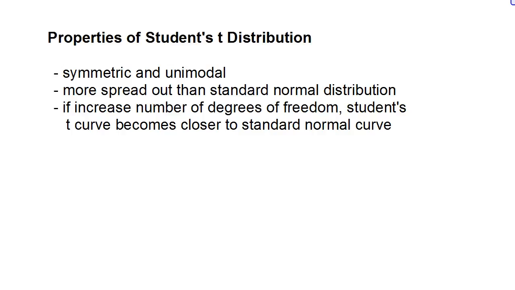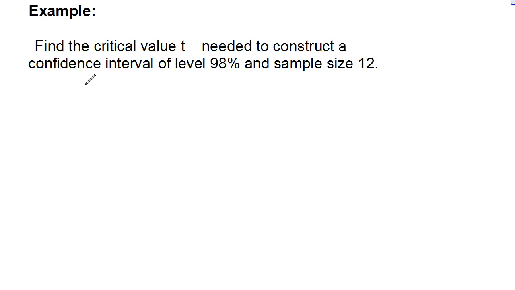So let's look at an example of this. First we just want to find the critical value for t alpha divided by 2 needed to construct a confidence interval of level 98% and sample size 12.